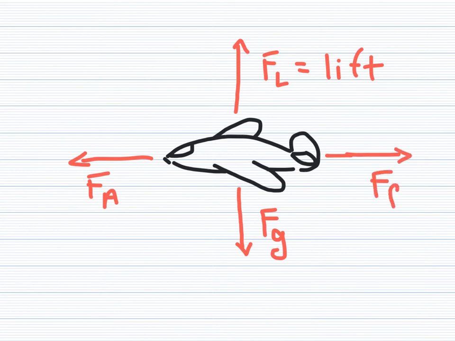And in this case, the frictional force is going to be the force of the air friction. All of these forces balance each other: the applied force and the frictional force, the lift and gravity. That's what allows the airplane to continue to fly in a straight line with no changes.